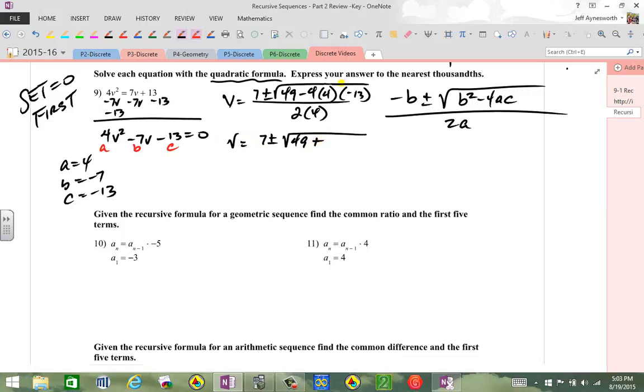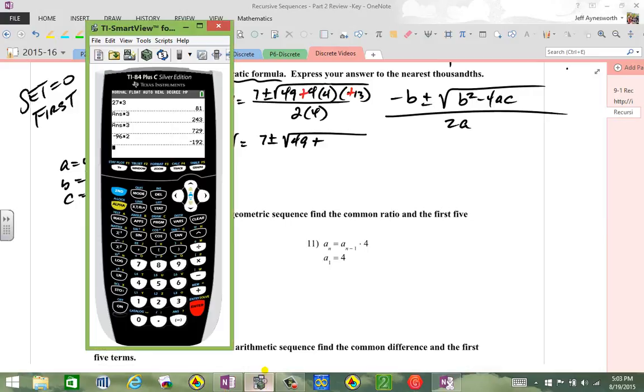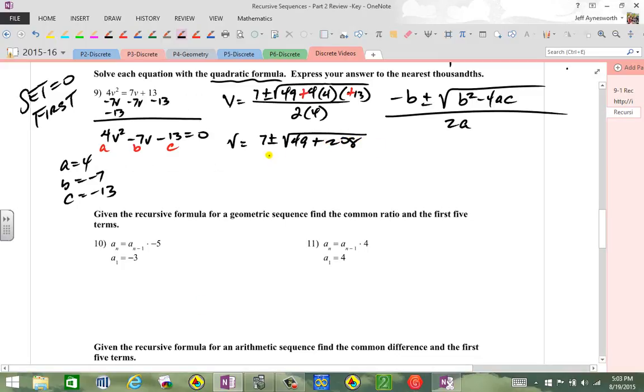Why plus? I see a double negative. Let's see here. Excuse me, not 36. 16 times 13. 16 times 13, 208. So 208 here, all divided by 8.